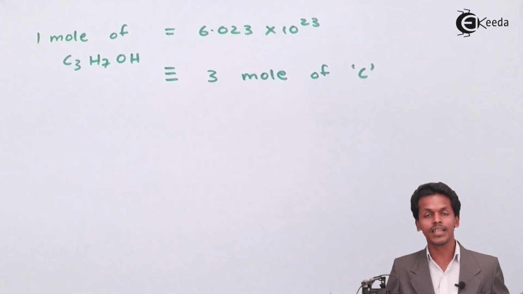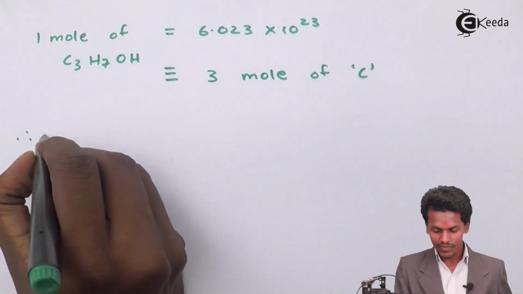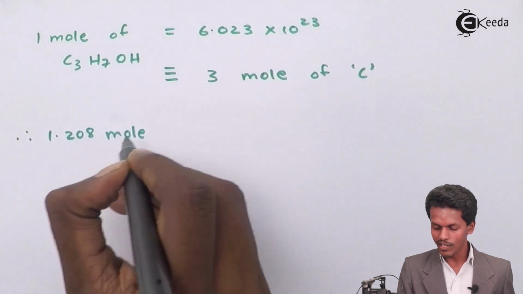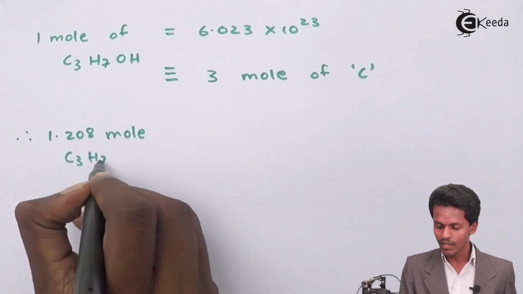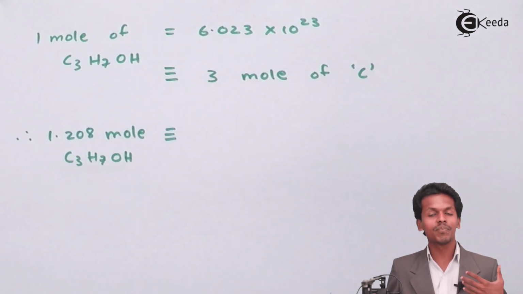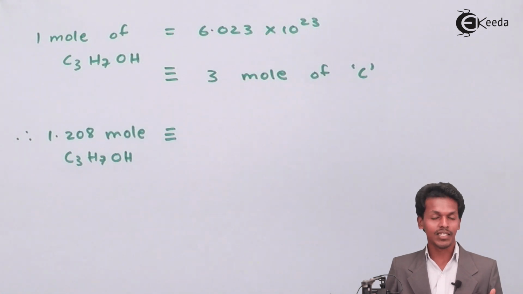Suppose we have to calculate for carbon. We have 1.208 mole of isopropanol, C3H7OH. What would be the number of carbon atoms present in it?